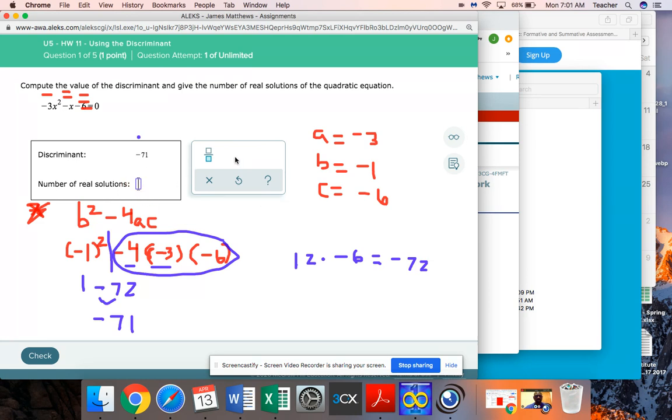That tells me the number of real solutions. If you remember from what we talked about before, we can always figure out how many solutions there are based on the value of the discriminant. I got it back, good. We said that if the discriminant, I'm just going to use a d, if the d is greater than 0, then we're going to have 2 reals.